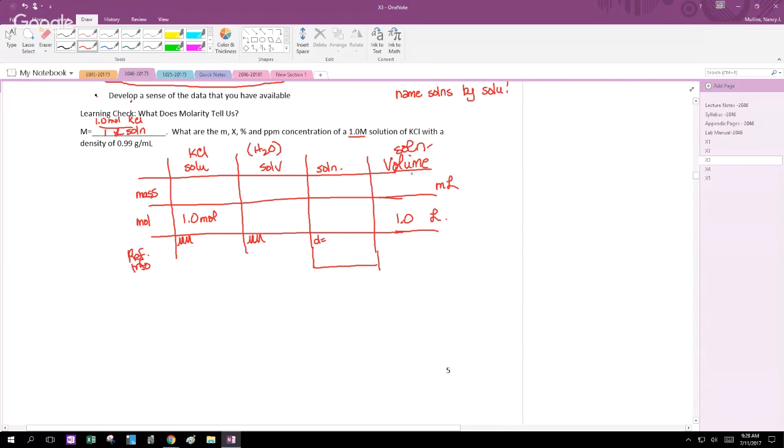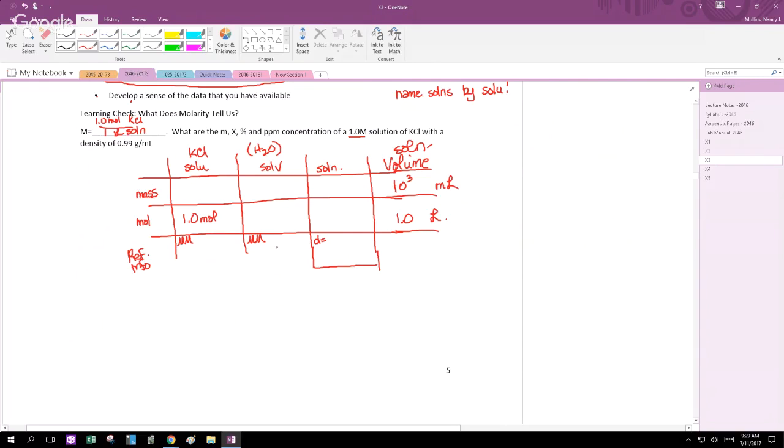So solution is the only one that has a volume that you need to be concerned with, which means that I have 10 to the 3rd milliliters. So if I need to know all of these others, I'm probably going to need all of these bits of information. So that's why I just go ahead and set up a chart to organize my thoughts a little bit.